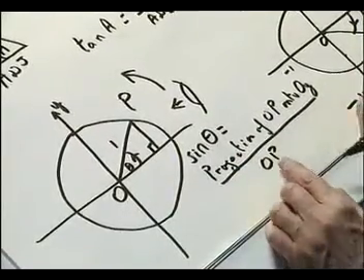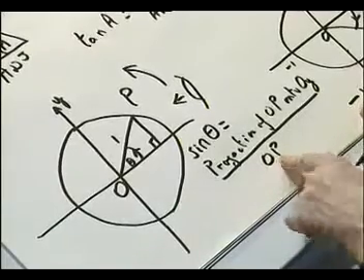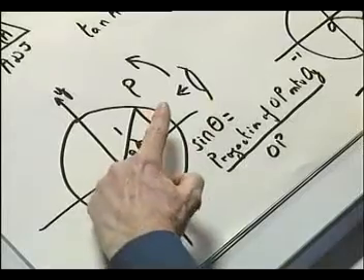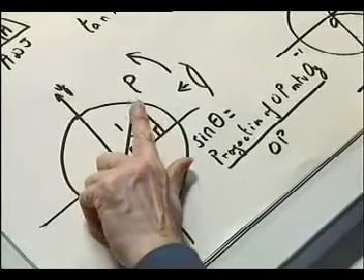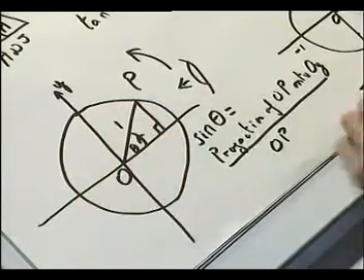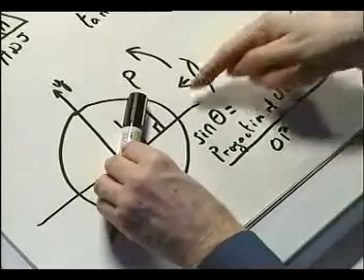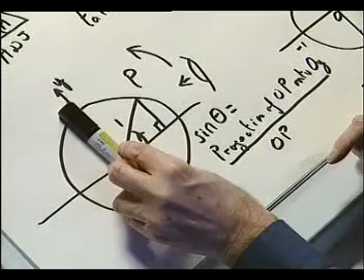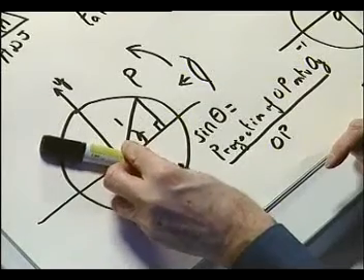And of course, OP is then just 1. How does it work with any angle? Well, think what happens as we go round. As it rotates around, and you're still looking this way, then you've still got a projection.